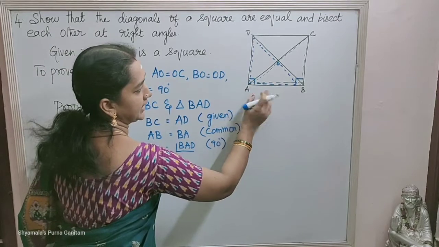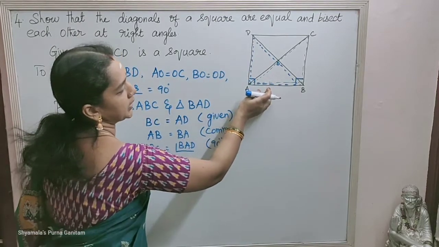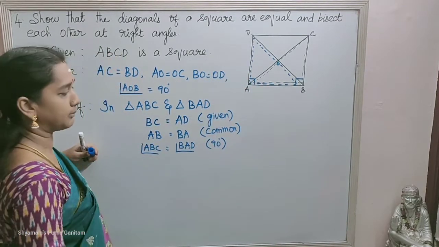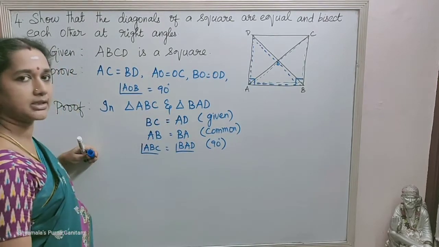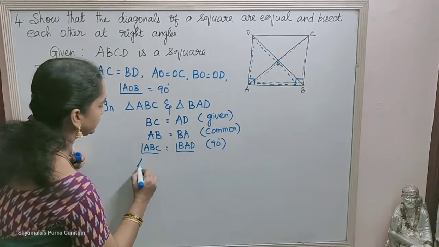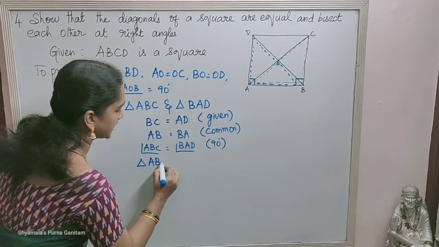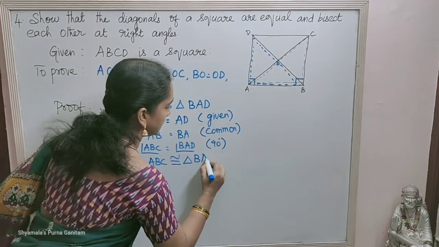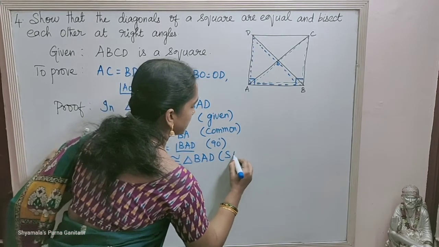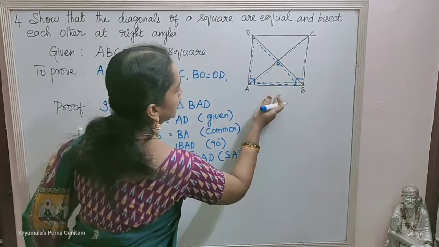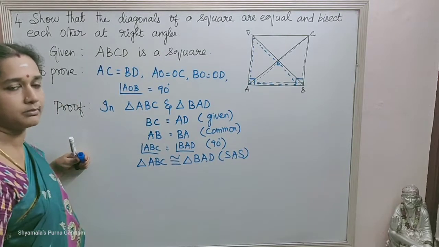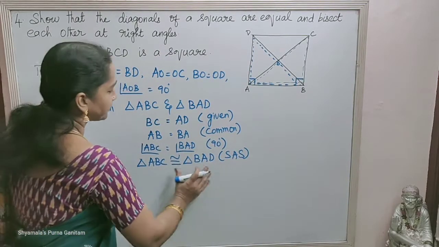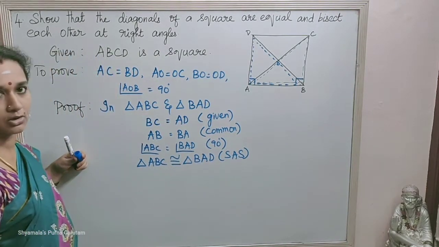So by SAS congruence, two sides and one included angle, we can prove that triangle ABC is congruent to triangle BAD.